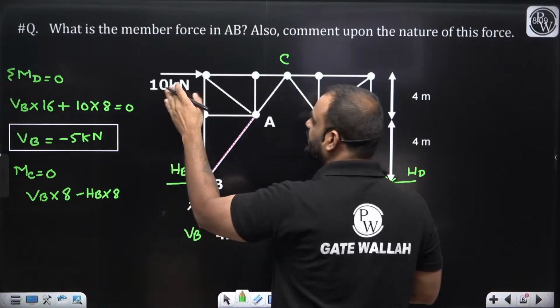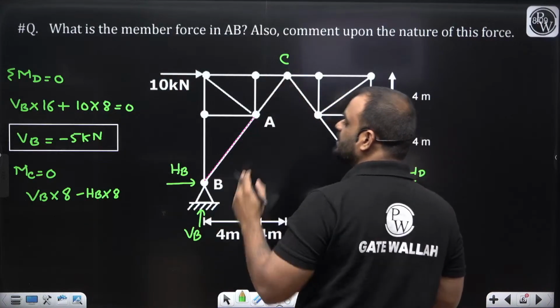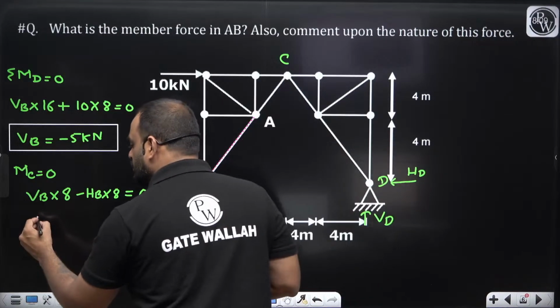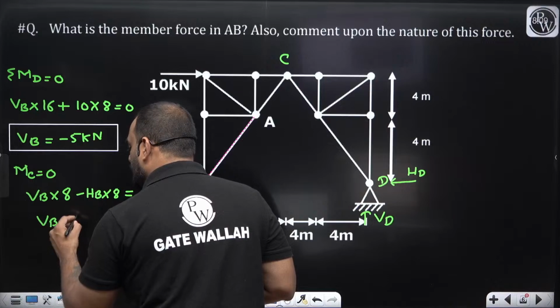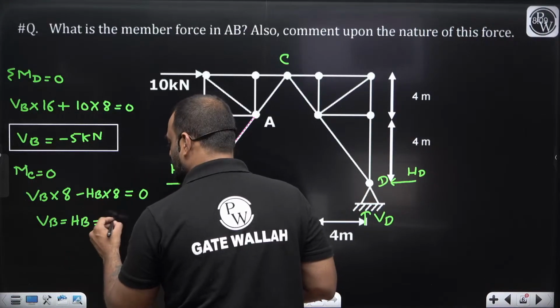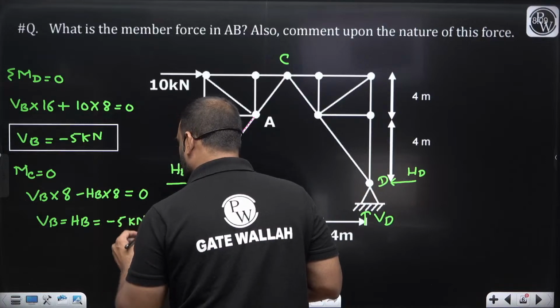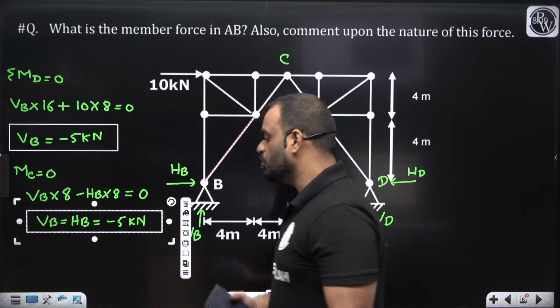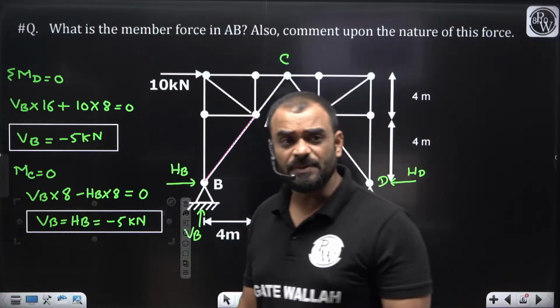What about the 10? The 10 will not produce any moment about point C. That's why, guys, we will not write it, and the sum should be equal to 0. So VB is equal to HB. So we can write here HB is minus 5 kilonewton again. That means the VB and HB values are the same.